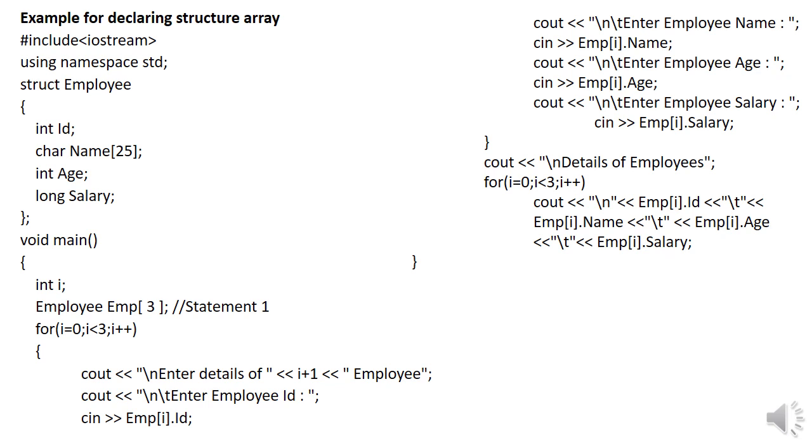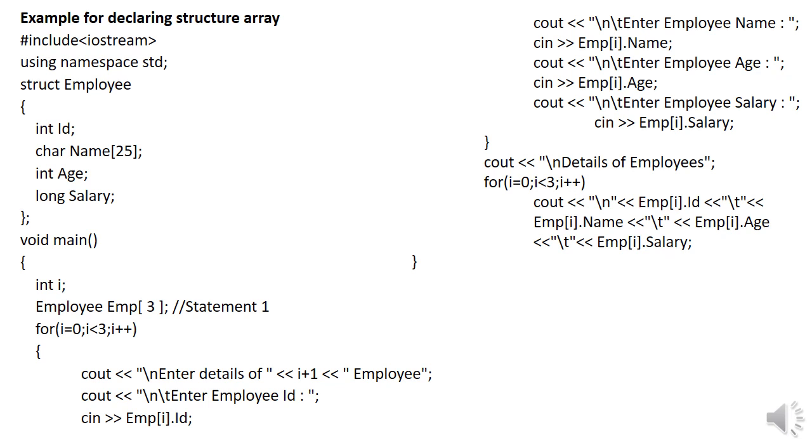Initially we read emp[0].id, the ID of the first employee. Then the user enters the employee name, emp[0].name. Then the first employee's age is accepted using emp[0].age, and the first employee's salary is taken using emp[0].salary.